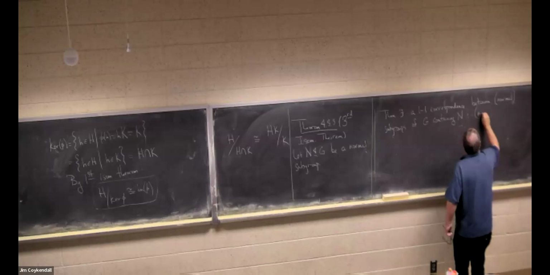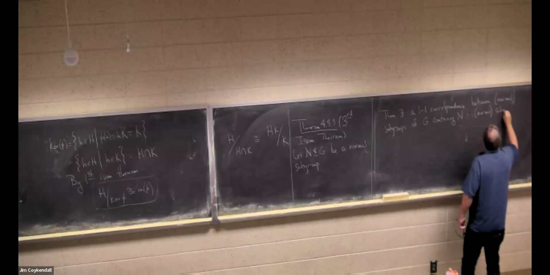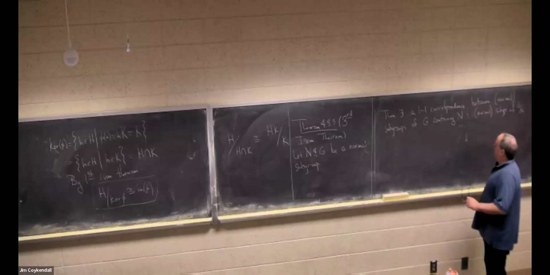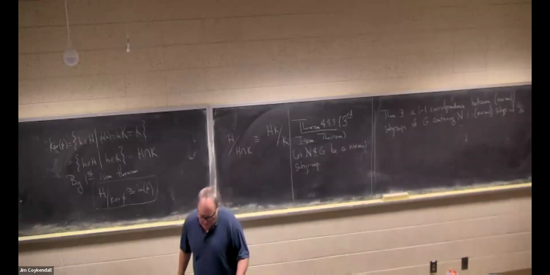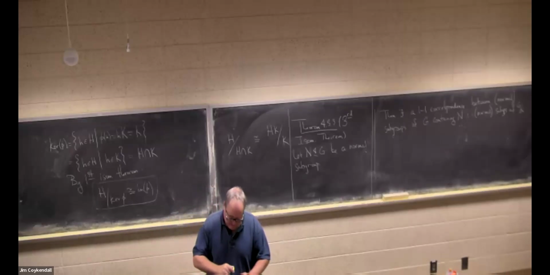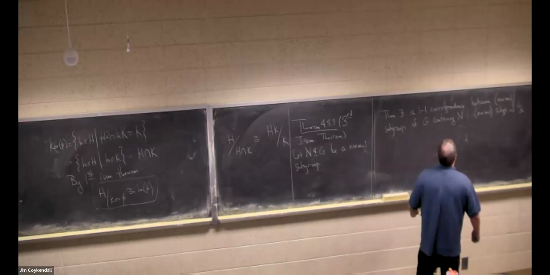And (normal) subgroups of G mod N. And I'll show you how the correspondence works. I'm putting normal in parentheses. I'll explain that when I write this down.